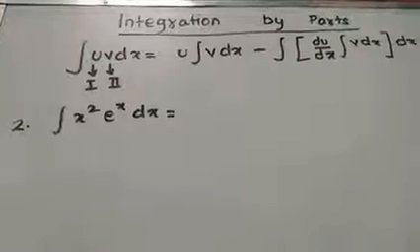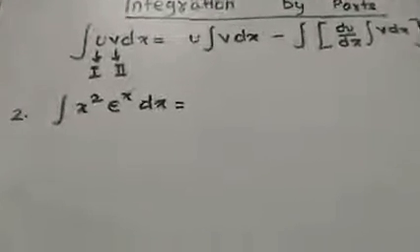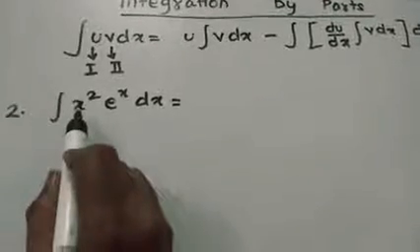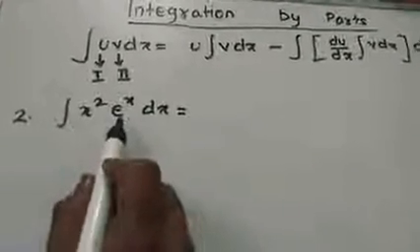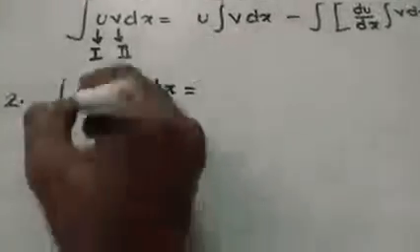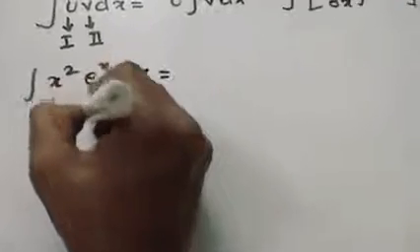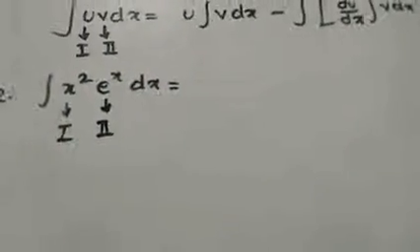Okay, next is the integration of x square e to the power x dx. Now x square again comes under the category of algebraic, and e to the power x comes under the category of exponential. So algebraic comes earlier than exponential, so it is our first function, and exponential is our second function.